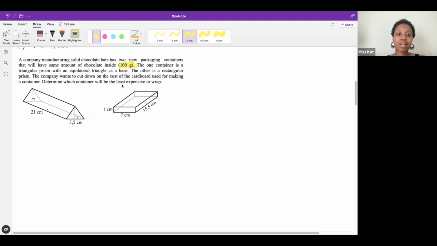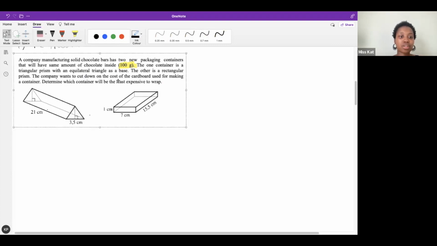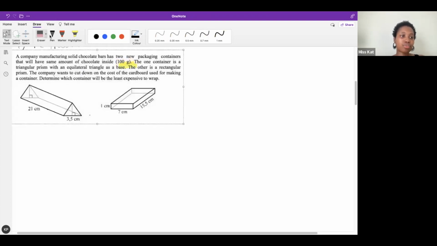Which one will be least expensive to wrap? Since we're talking about wrap and cardboard, is it surface area or volume? What do you guys think? Nice, it's a surface area question. So let us do the surface area for both of them.